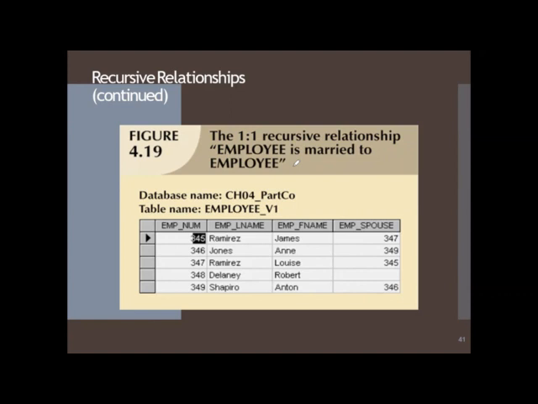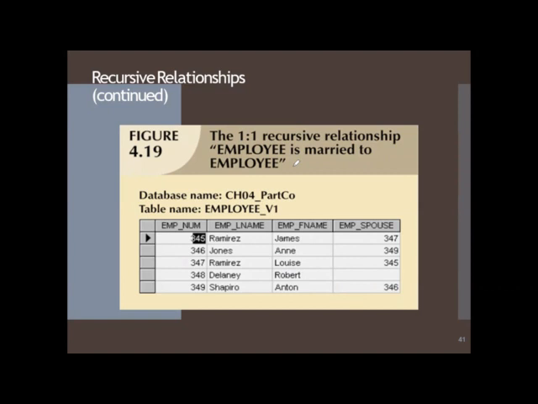So we can see the last name Ramirez and first name James is married by Luis. So Ramirez married to Luis.